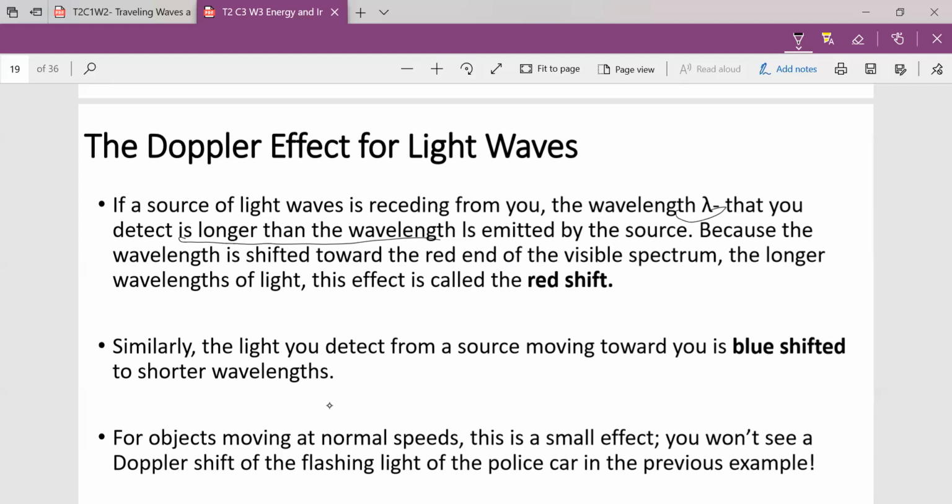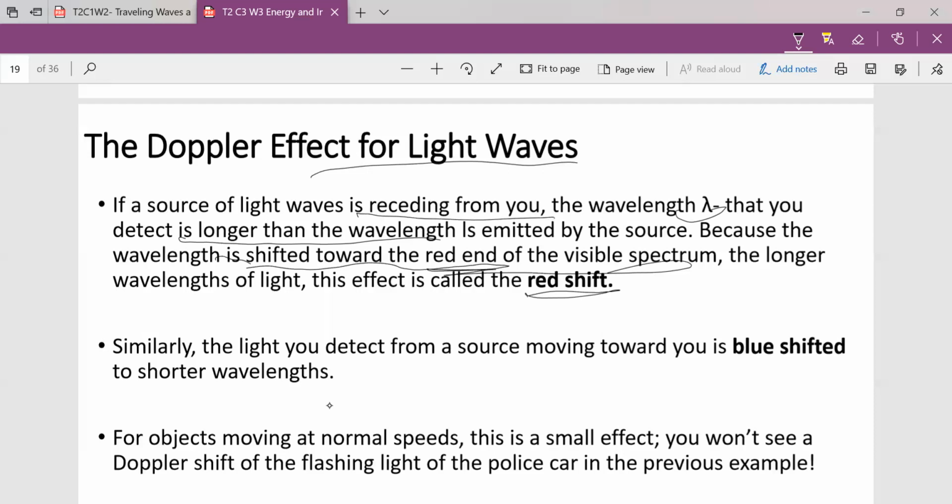When it's receding or going away from you, you see the wavelength is longer and represented by the minus sign. And the interesting thing about the description of the Doppler effect with light waves is that the wavelength is actually shifted towards the red end of the visible spectrum. And this is what we call the red shift. So we experience the red shift when the light wave is receding from you.